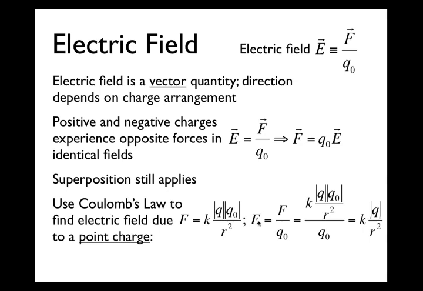Well, if the electric field is equal to the force divided by the magnitude of that test charge, the test charge will cancel out of this equation, and it will just leave me the Coulomb constant times the other charge in the interaction divided by the distance to the point where I'm calculating the strength of the electric field at, squared.